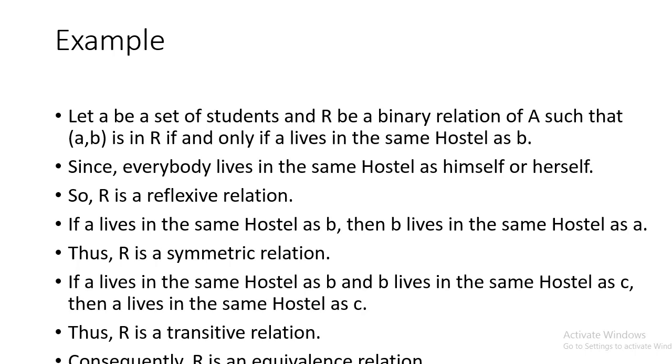Now, if A lives in the same hostel as B and B lives in the same hostel as C, then we can say that A lives in the same hostel as C. Thus, R is a transitive relation. So all the conditions are satisfied here: reflexive, symmetric and transitive. So consequently we can say that R is an equivalence relation.